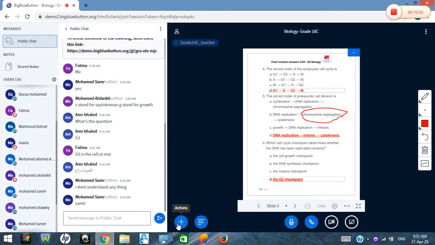As a result of this pull, the chromosomes are arranged at the cell equator, at the cell equator.